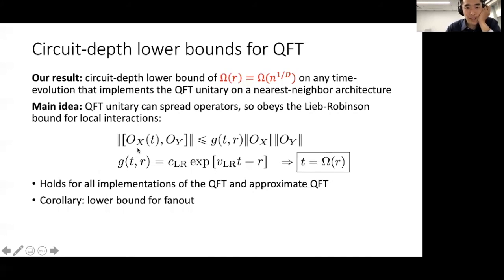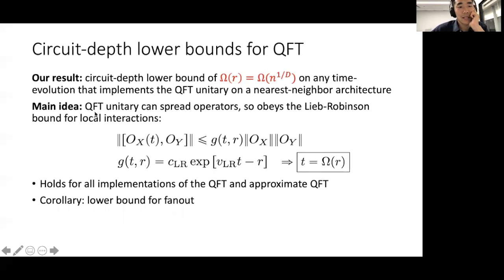So what we set out to show is a more general result. We show that there exists a lower bound proportional to the diameter of the graph, r, on any time evolution that can implement the QFT unitary or even approximate it on a nearest neighbor grid.